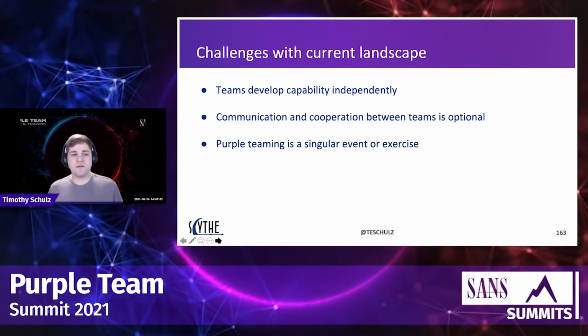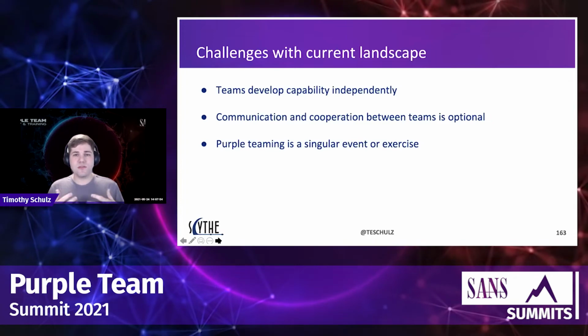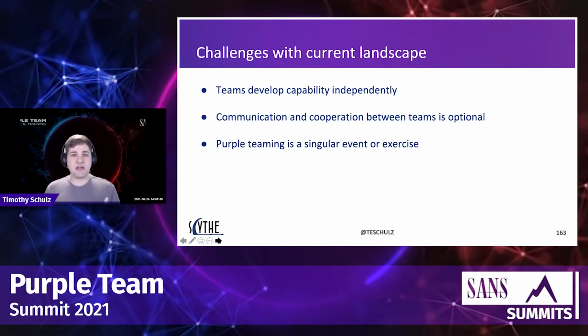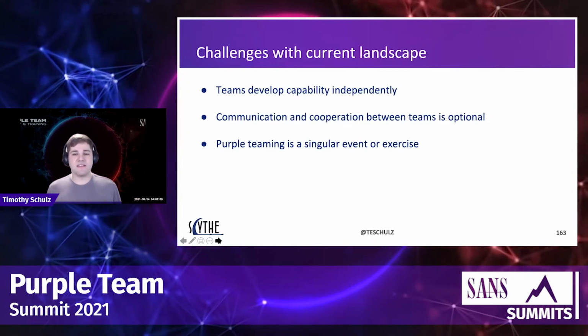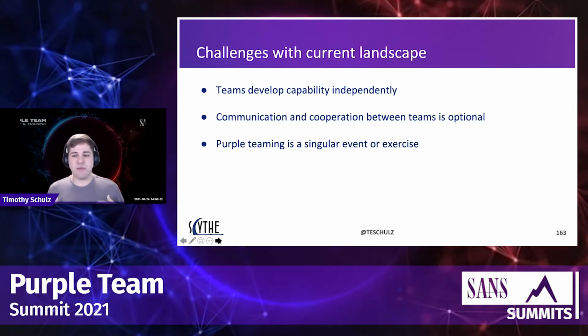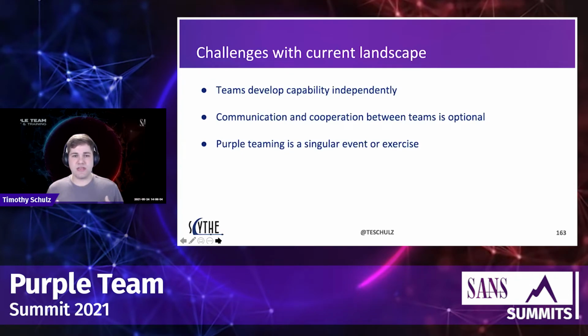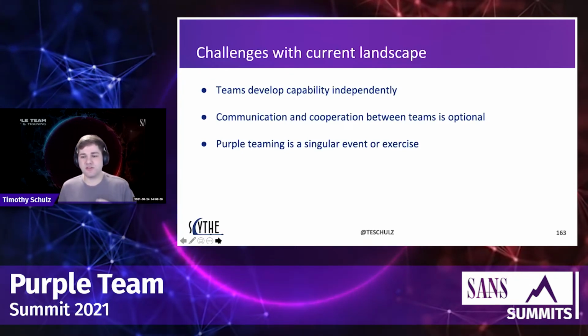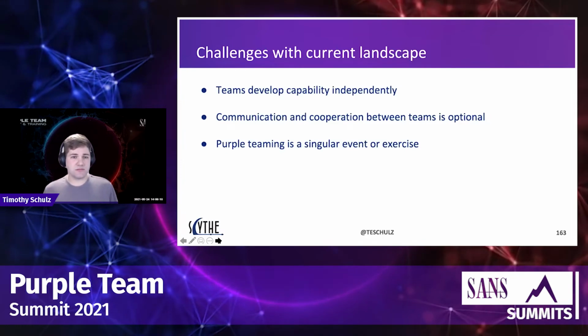And so how have we solved this? We've solved this before with these singular events and exercises that we've called purple teaming. And I think bridging beyond that into a mechanism that people can build an entire organizational capability around is what's going to help address some of these challenges.